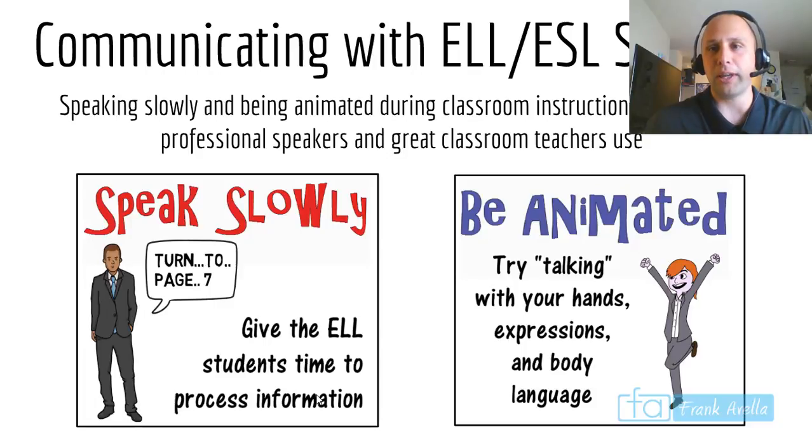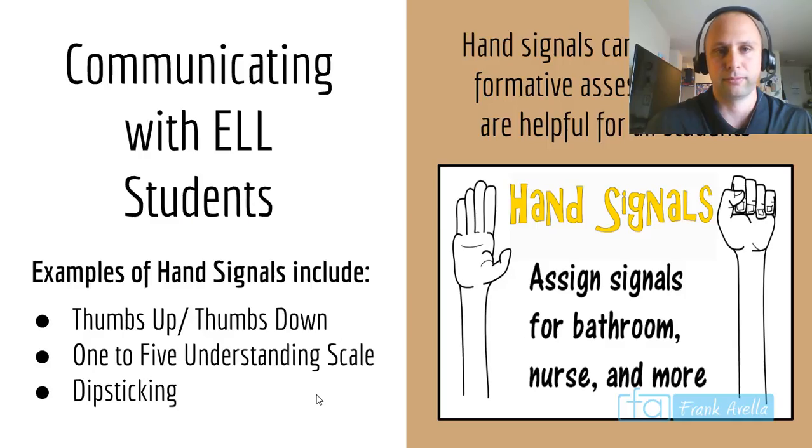Speaking slowly and being animated is a skill that professional speakers use. They speak very slowly. They're animated, and great classroom teachers should be able to do this too. And it really helps the message get across to the ELL students. Okay. Use signaling. This is actually great for formative assessments to ask them if they understand something.